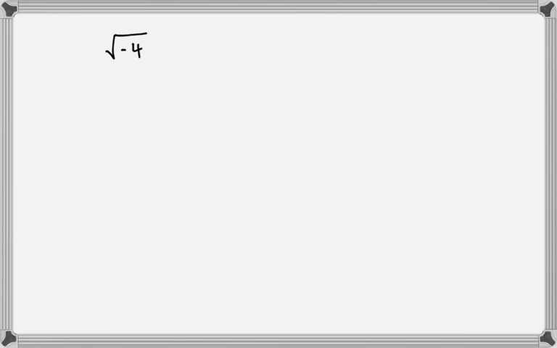So the Swiss mathematician Mr. Euler had the idea, okay, somehow I've got to make this a perfect square. So he came up with i, the imaginary number, i squared is equal to -1. That means i by itself is the square root of -1.